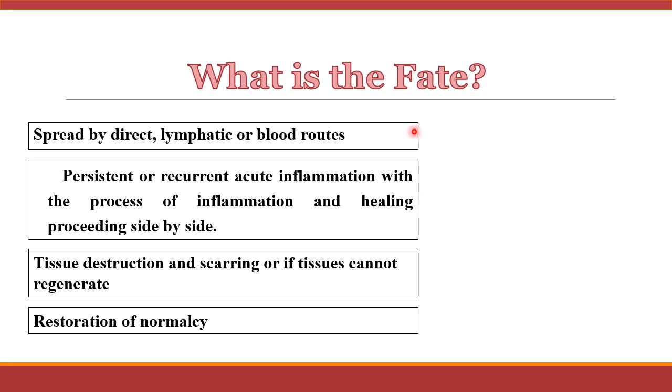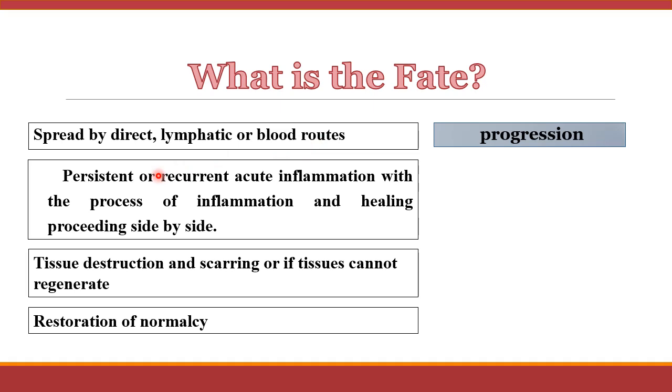So, spread by direct lymphatic or blood routes. This is most probably which fate of acute inflammation? Yes, it is progression. So the inflammation is spreading and progressing.